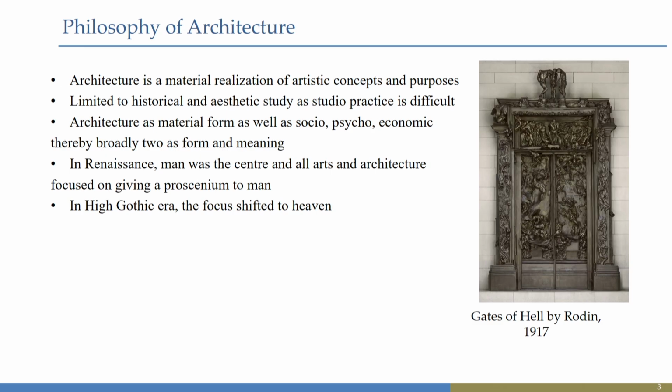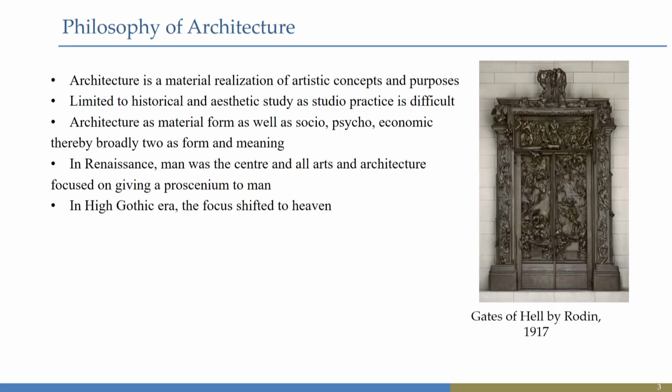Then we must also realize that the study of architecture is limited to historical study and aesthetic study, because architecture cannot really be practiced in a studio or in a laboratory. We mix chemicals in the case of chemistry. We use things like a tuning fork in the case of physics. If we are doing painting, then we go to a studio, we have a model, or with imagination we do paintings.